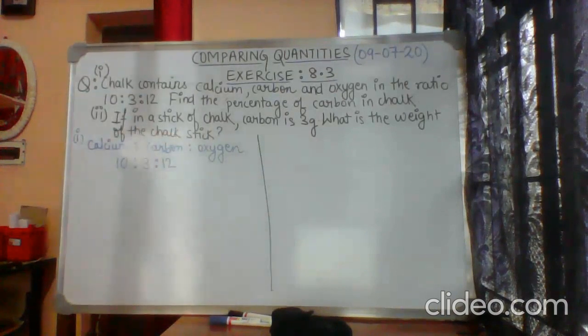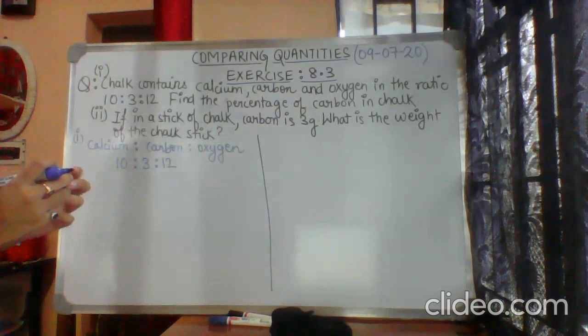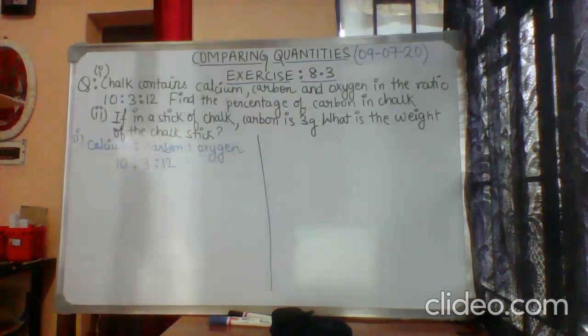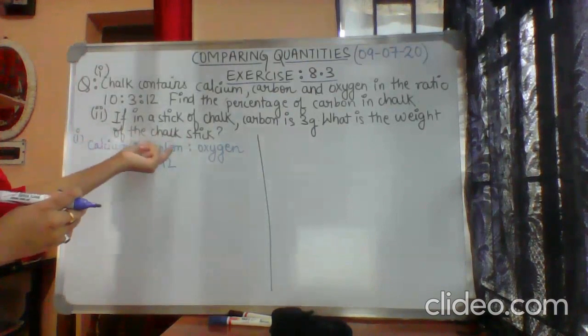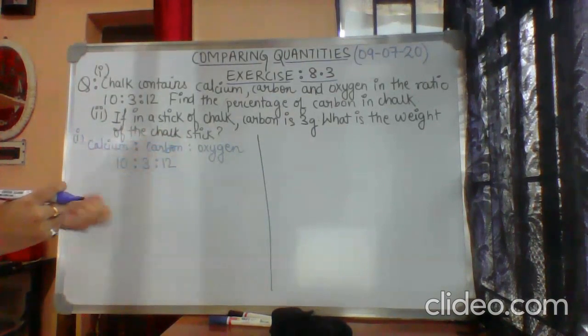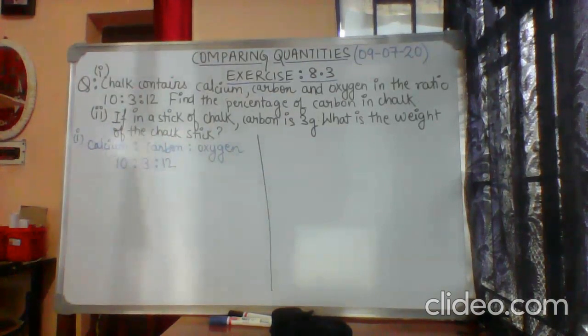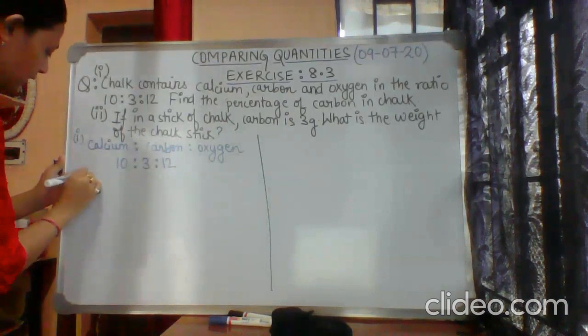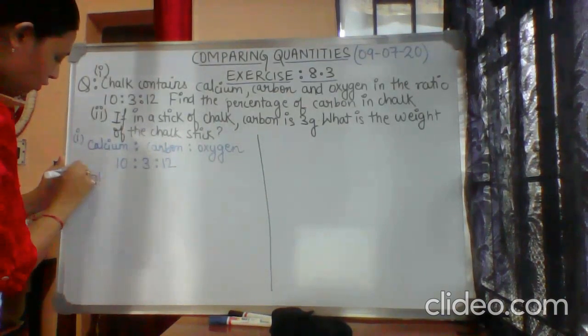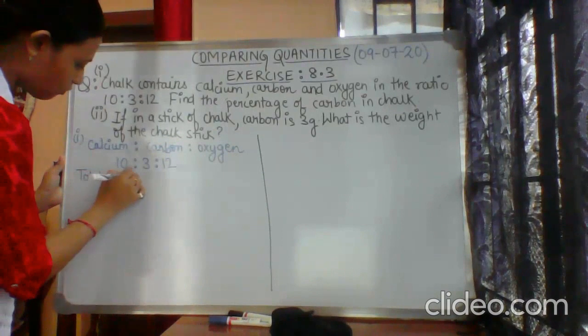oxygen. Okay, so first of all, I told you we must find the total number of parts. To get the percentage of any part, we need the total number of parts. So first of all we will calculate the total number of parts.